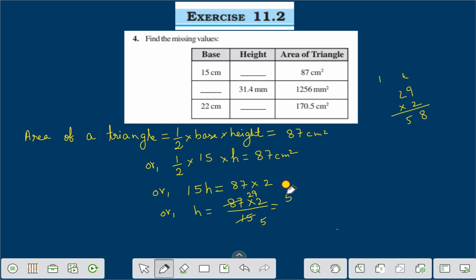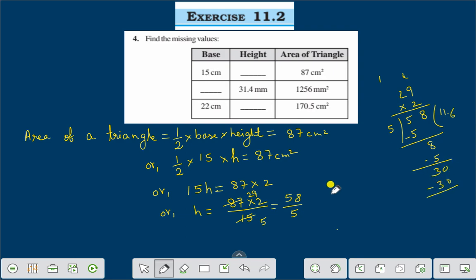Now if we divide 58 by 5, 5 1s are 5, then 8, and 5 6s are 30.